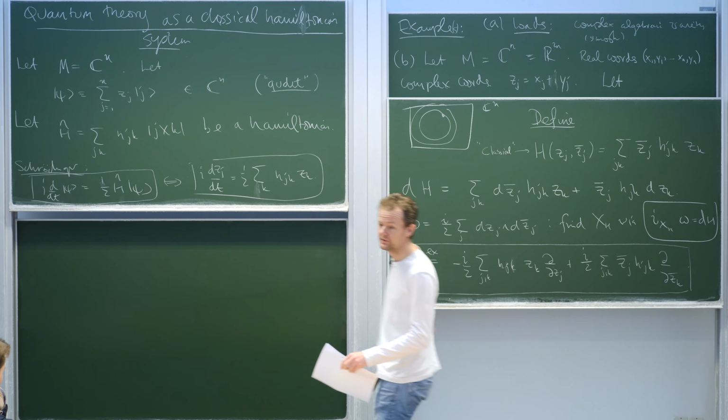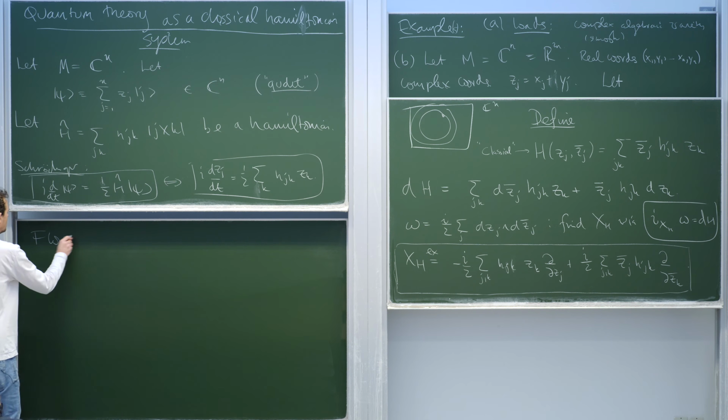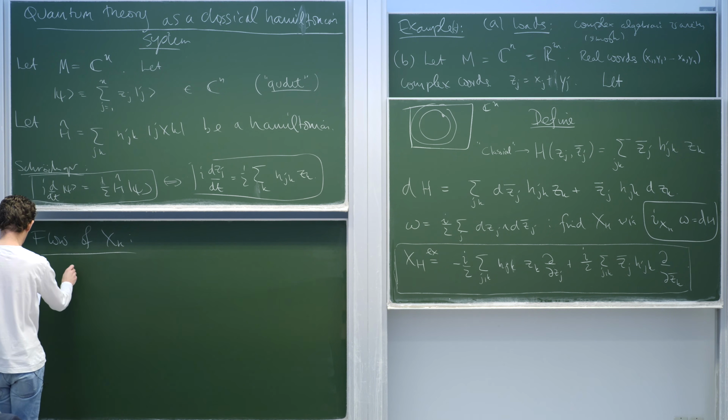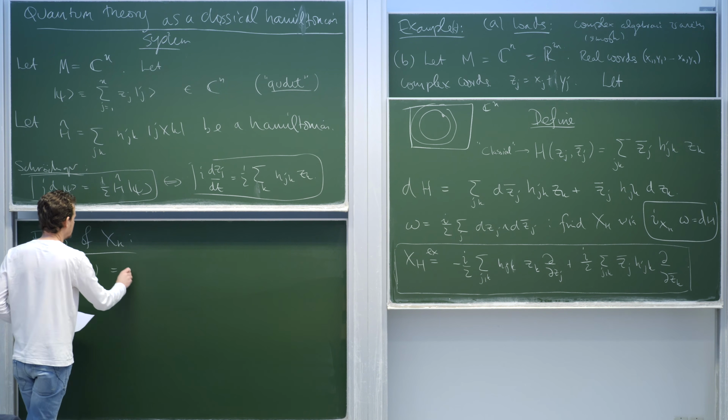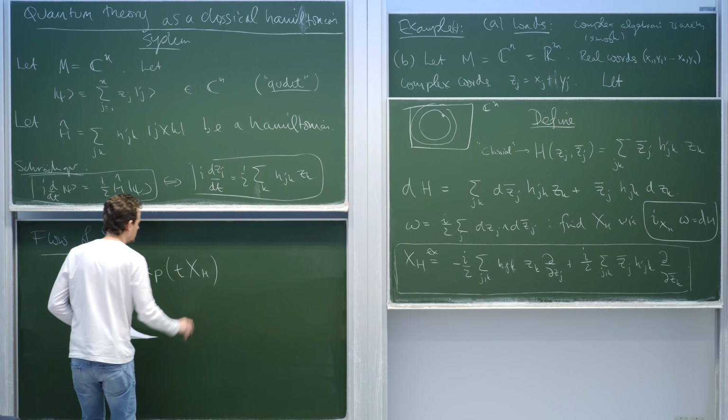Let's look at the flow of this vector field. You can get that by exponentiating the vector field.